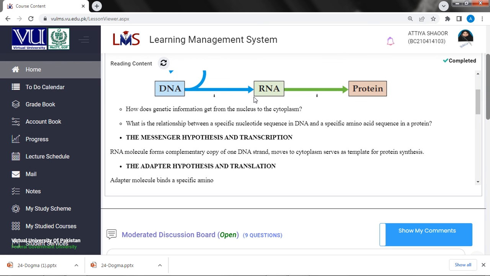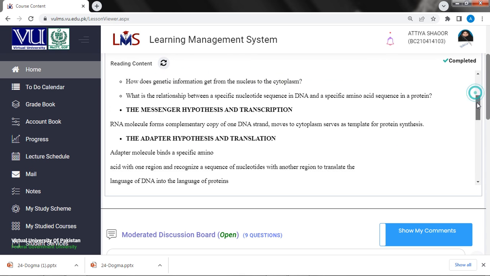How does genetic information get from the nucleus to the cytoplasm? What is the relationship between a specific nucleotide sequence in a DNA and a specific amino acid sequence in a protein? The messenger hypothesis and transcription: an RNA molecule forms a complementary copy of one DNA strand, moves to the cytoplasm, and serves as a template for protein synthesis.